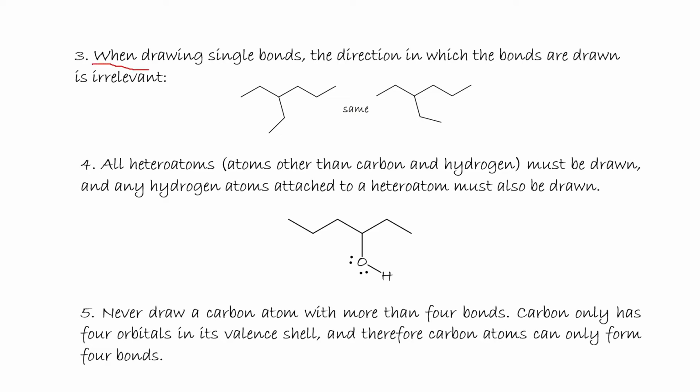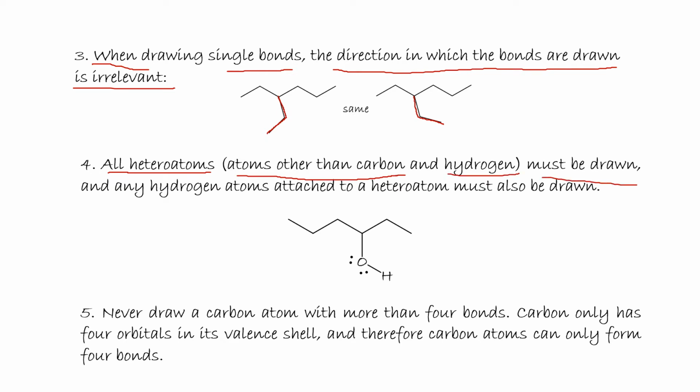When drawing single bonds, the direction in which the bonds are shown is irrelevant. So you have branch, you draw it this way or that way, it doesn't matter. All heteroatoms, atoms other than carbon and hydrogen, must be drawn, and any hydrogen atom attached to a heteroatom must be drawn.